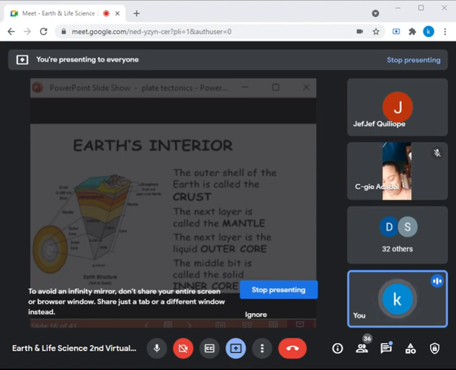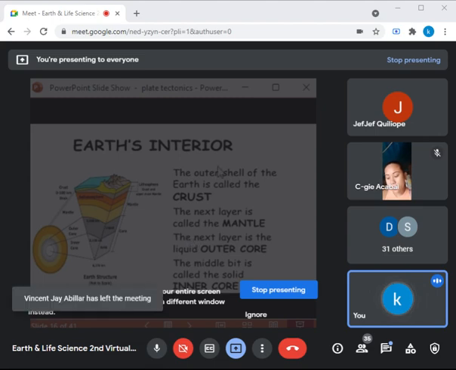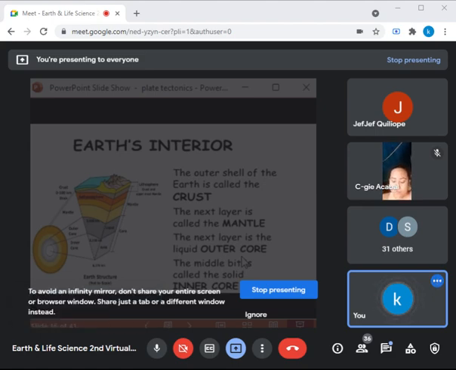And then we also have the mantle, which is the second layer. And then we have the core. Okay, the core is divided into two. We have the outer core, and then we also have the inner core. And we all know that the core of our planet is very hot. And it is the source of heat of our planet.